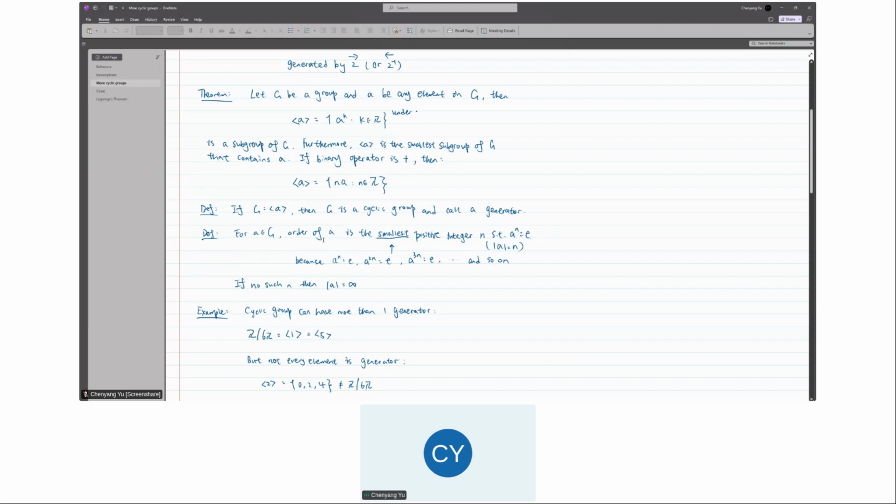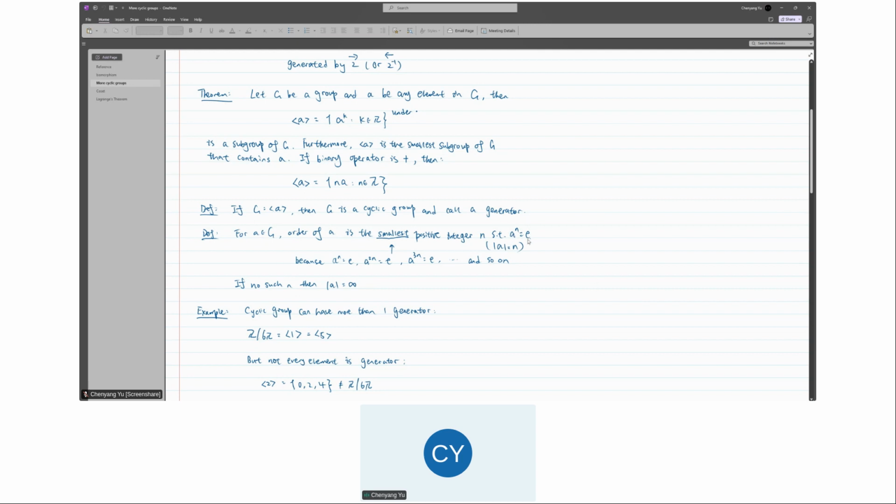So this is the definition of the order of an element. Pay attention, we are not talking about the order of A in a cyclic group. We are talking about a general group, which might not be cyclic. So the order of A is the smallest positive integer n such that a to the nth power is the identity.